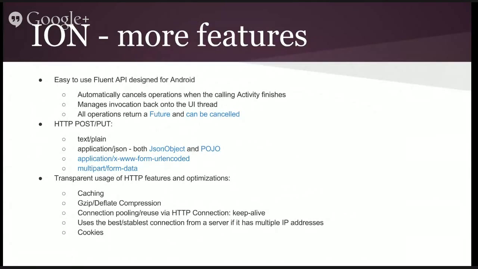As you can see, there's just a ton of features that Ion has. Some of the notable ones are, the automatic cancellation is pretty nice. So while you're still, say, downloading a whole bunch of images and your user goes to another activity, handling that for you is pretty nice.